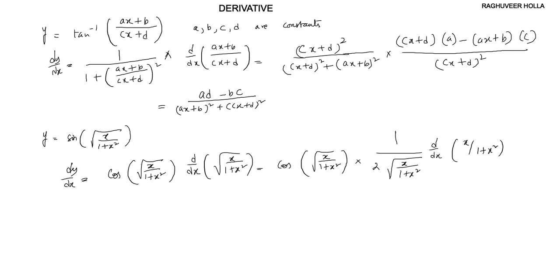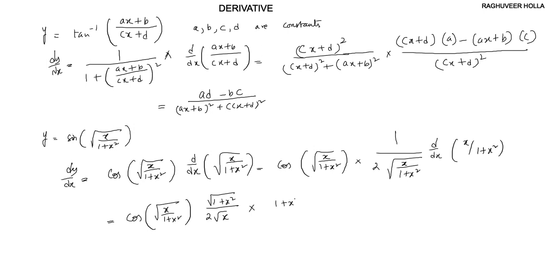Okay, and now further this will be equal to cos, right, of square root of x by (1 plus x square). Now the denominator goes to the numerator, so that becomes square root of (1 plus x square) by 2 root x, right?